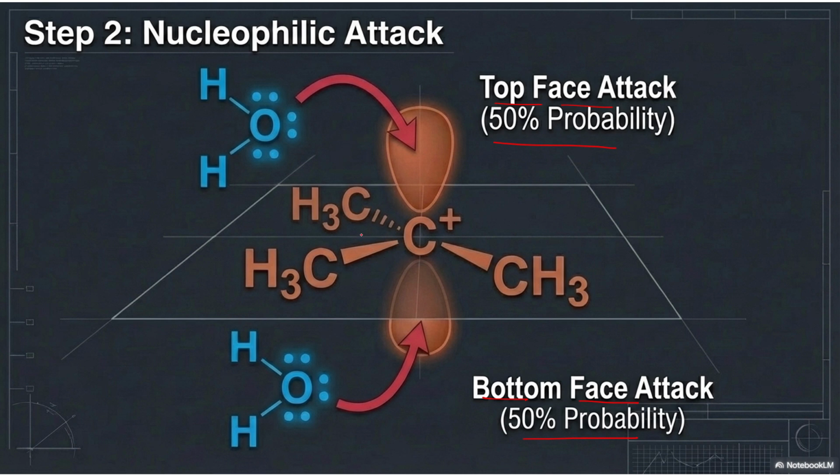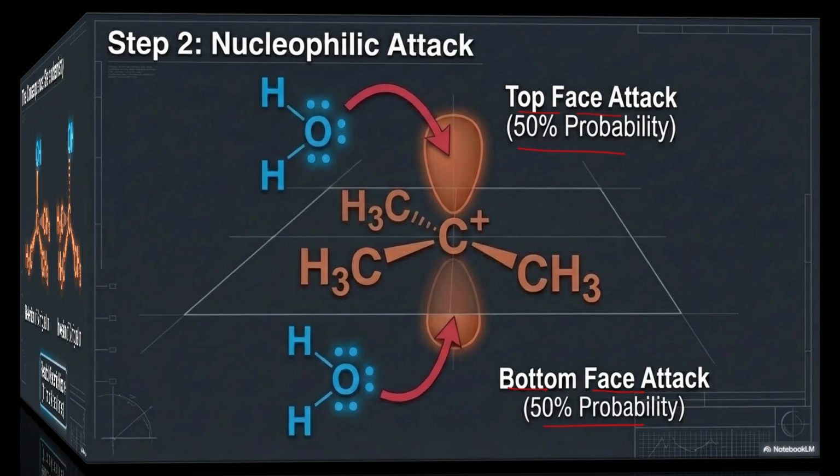So there is a very little excess of the inverted product. That is high-level talk, but in general we say that there is a 50-50 percentage of formation of both products.